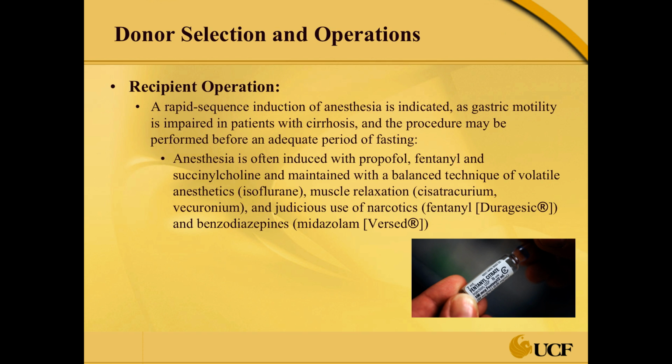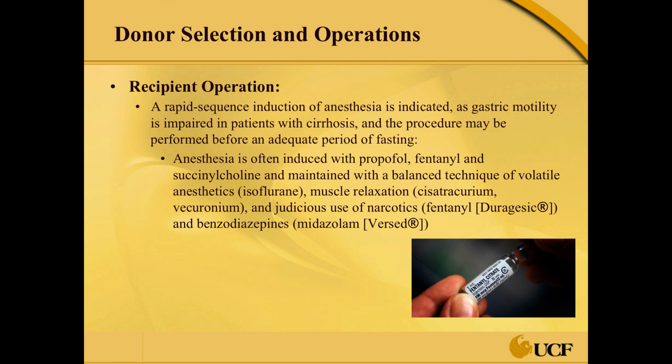A rapid sequence induction of anesthesia is indicated as gastric motility is impaired in patients with cirrhosis, and the procedure may be performed before an adequate period of fasting. So what you'll oftentimes see for anesthesia use is propofol, fentanyl, and succinylcholine.